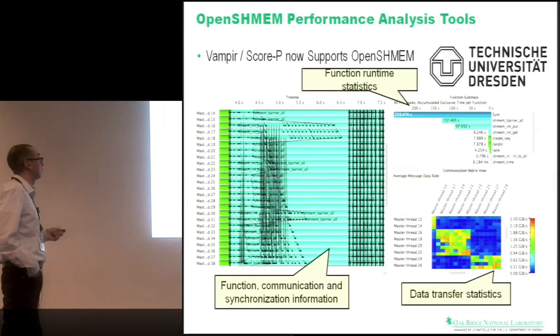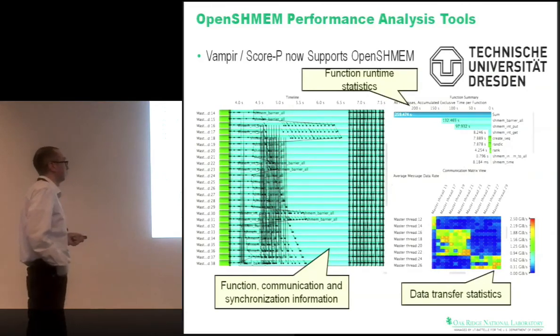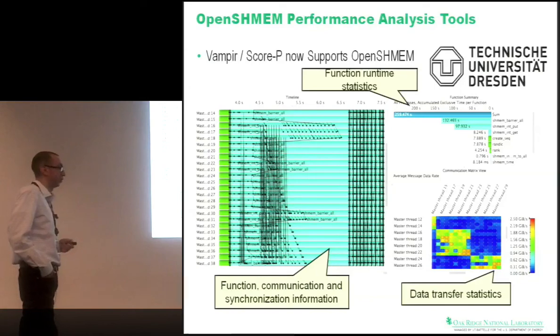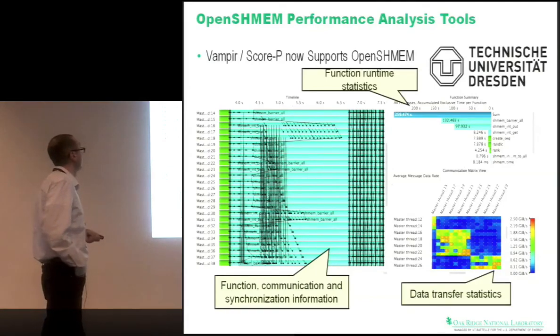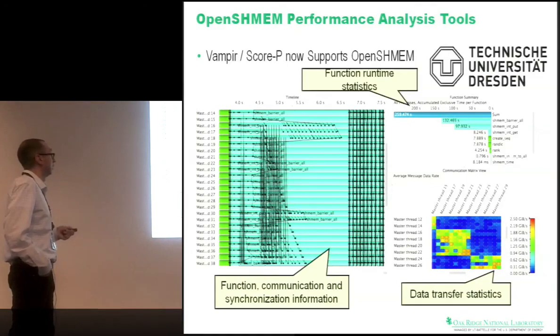You have nice graphical representations of what happens in your application, like function calls, communication, synchronization. You have runtime statistics, how much time you spend in each OpenSHMEM call. You have some statistics about data transfer. Very convenient tool, easy to use. Our developers use it a lot.